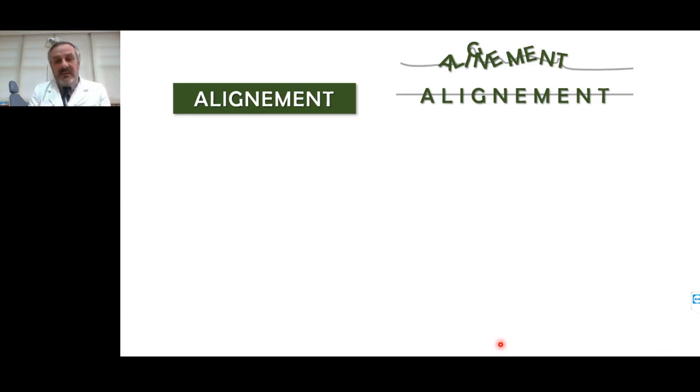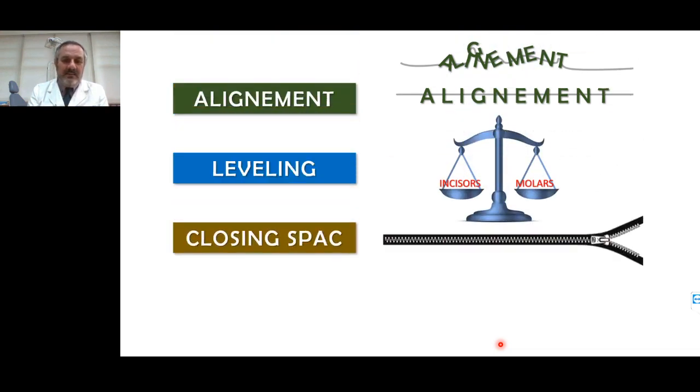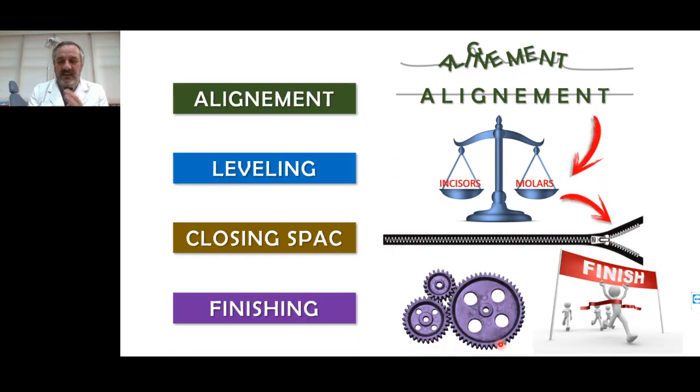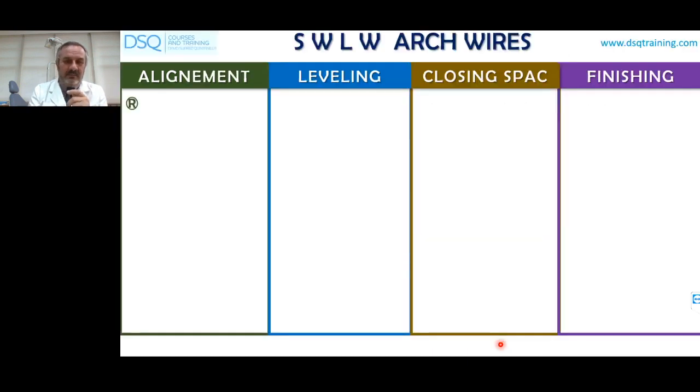In our technique, we divide the treatment into 4 steps: alignment, leveling, closing space, and finishing. And I think it's very important to connect the 4 phases of our treatment.